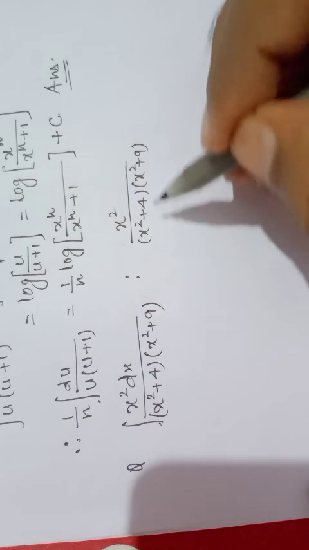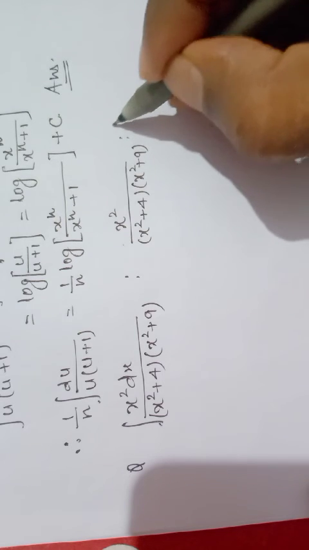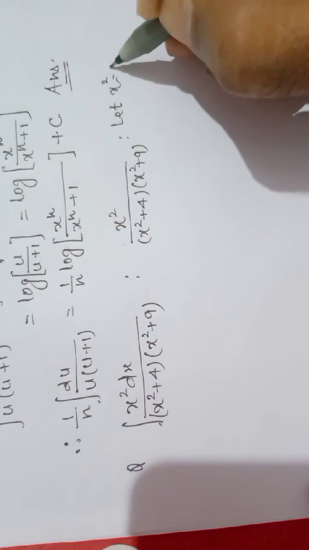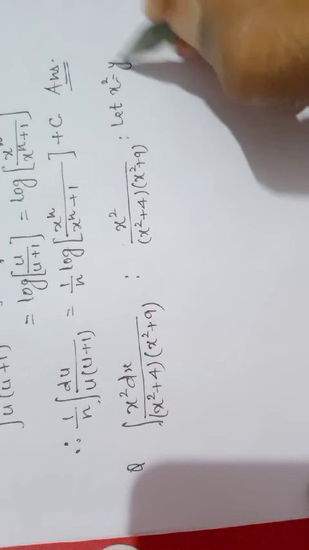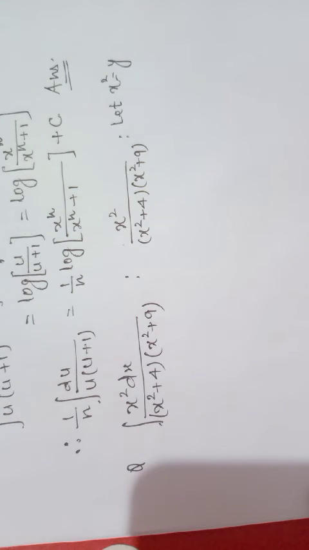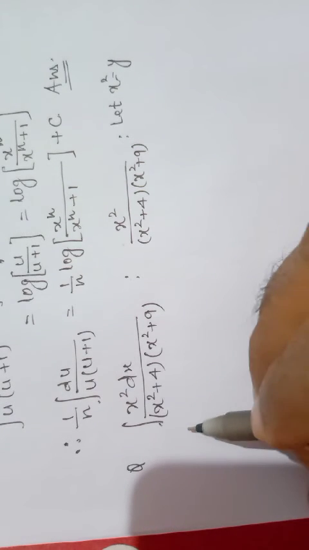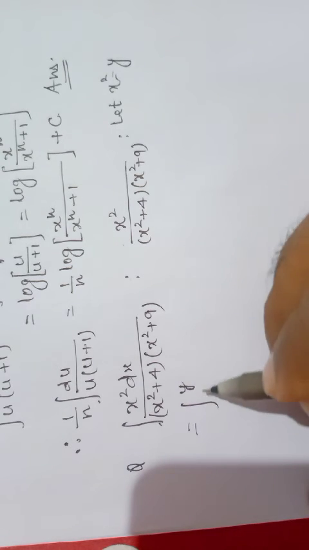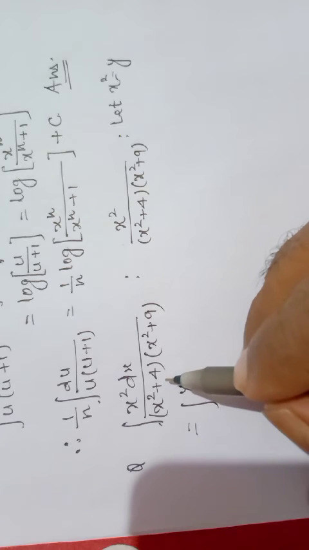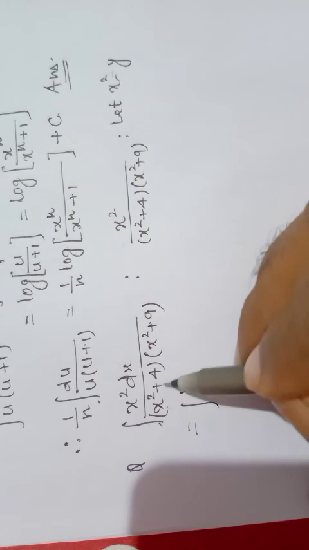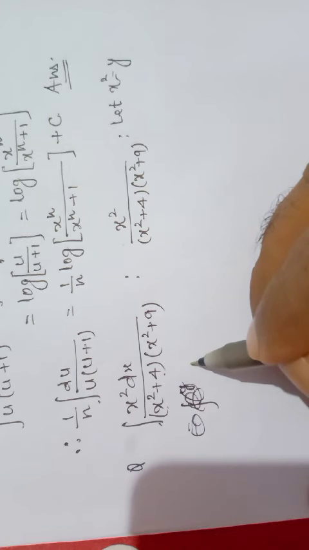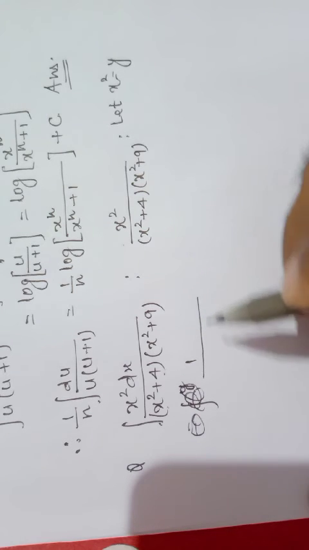In this function, let x square equal y, or u, anything. Then it should be written as y upon y plus 4 into y plus 9, which is our function.